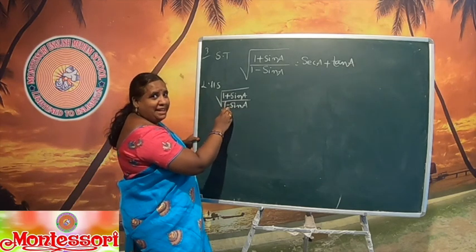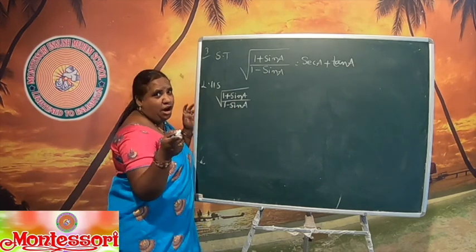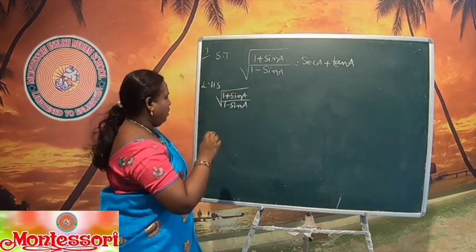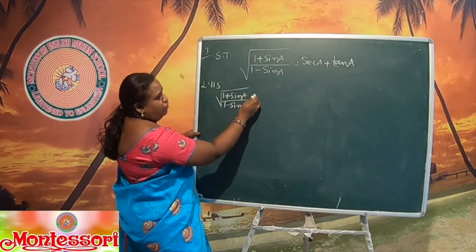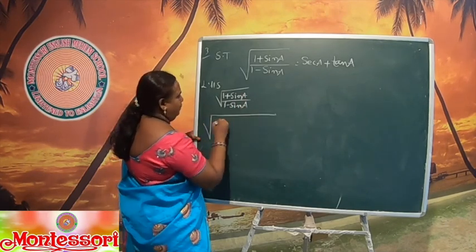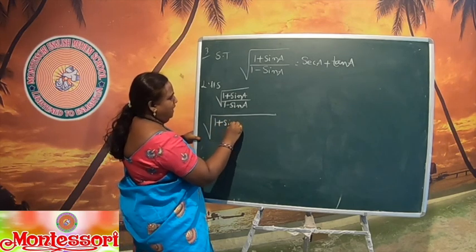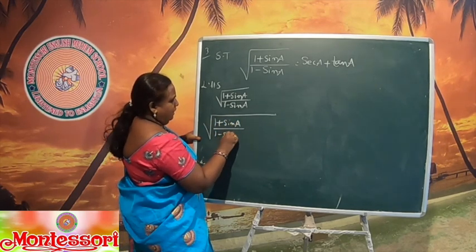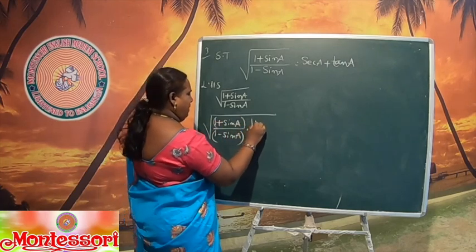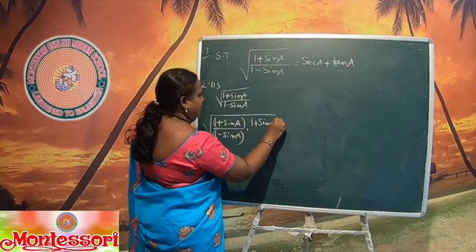With 1 plus sin A, I multiply numerator and denominator so that the fraction doesn't change. So I am going to multiply both numerator and denominator by 1 plus sin A. Then what happens? See, (1 plus sin A) by (1 minus sin A), multiplied by the same 1 plus sin A.